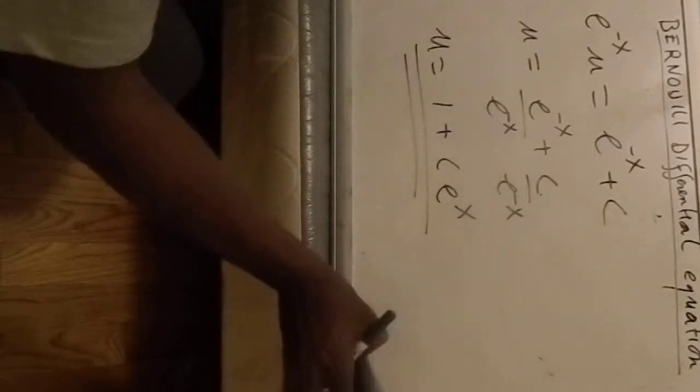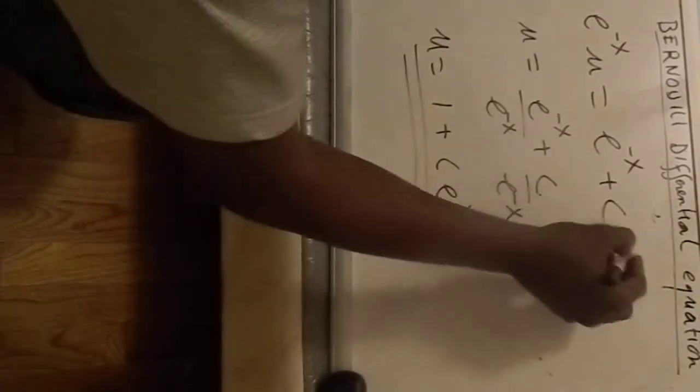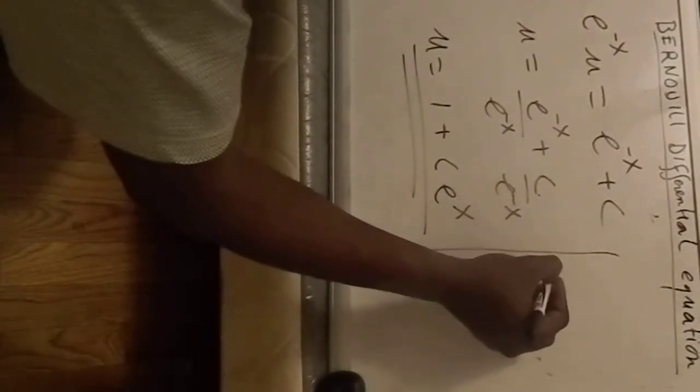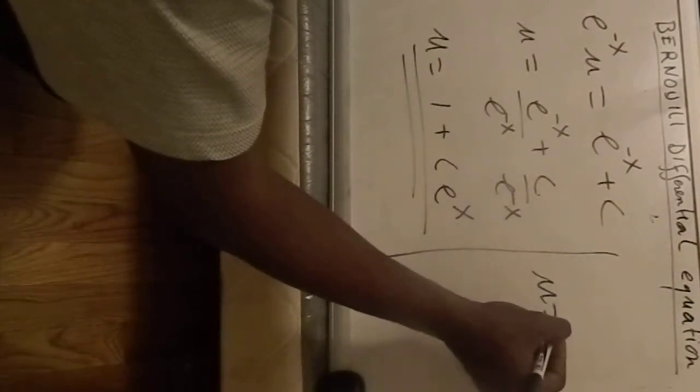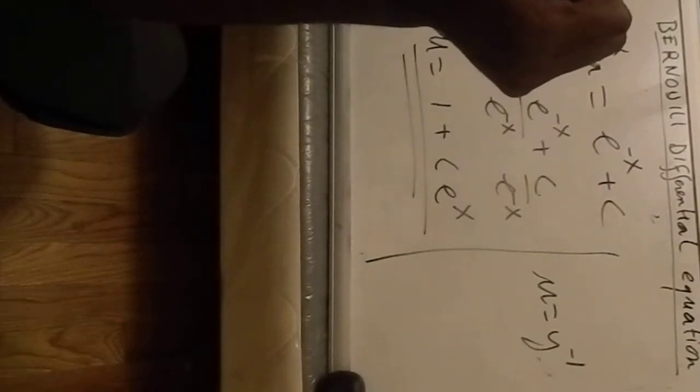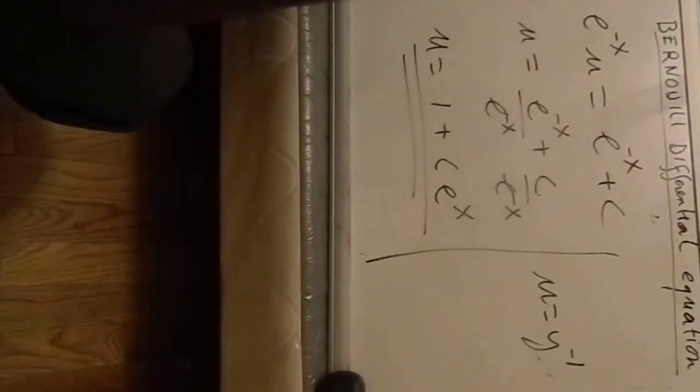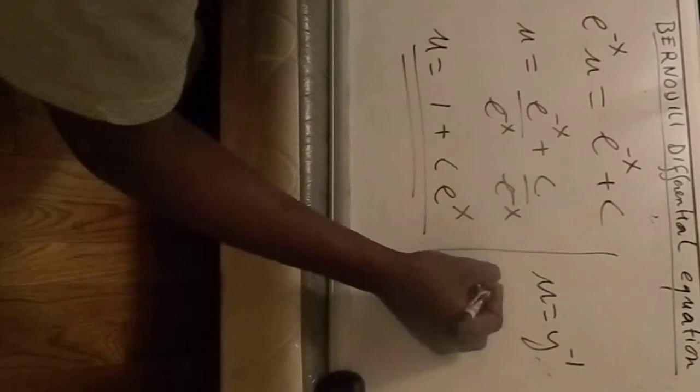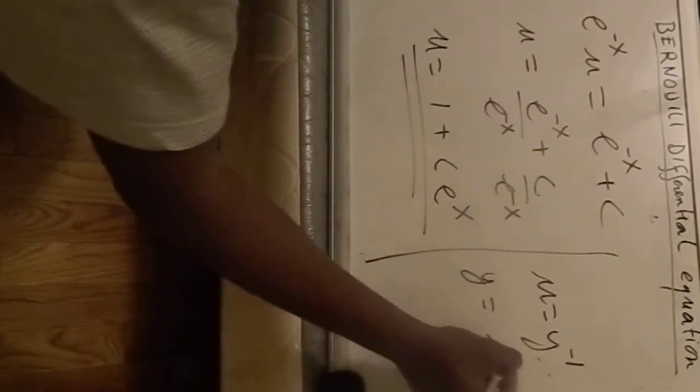That is u. But what I want is my y. That is what we want. We know that u is equal to y to the negative 1 from the beginning of the equation, because we substituted that. I'm going to replace it. That means my y is u to the negative 1.